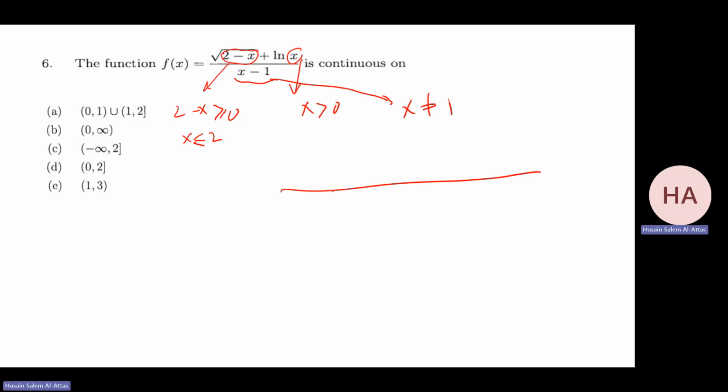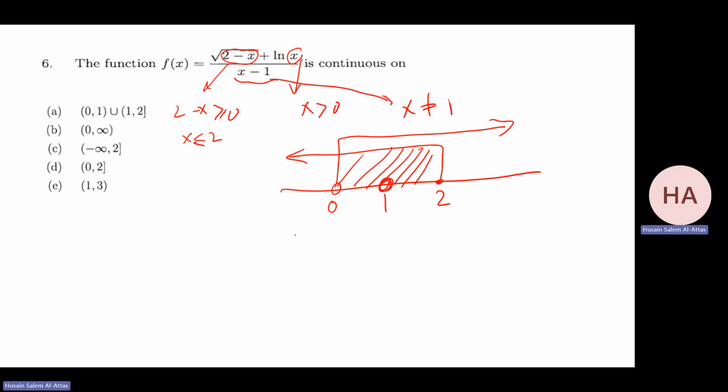So I have 0 open, 1 open, 2 closed. X less than or equal to 2 is this one. X greater than 0 is this one. So this will be the intersection between all of these three, but also I need to avoid 1. So it will be from 0 to 1, 1 to 2, but the 2 closed, which is this one.